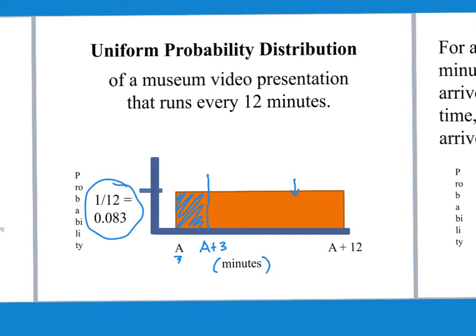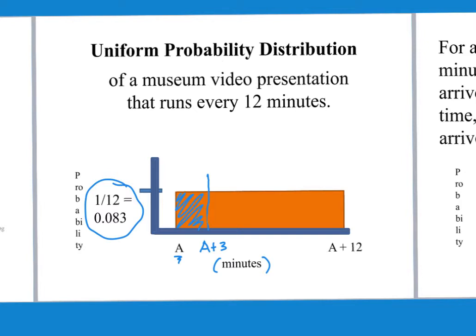As an aside, the complement of this would be the probability that it occurs in the last 9 minutes. But right now we're just looking at the first 3 minutes.